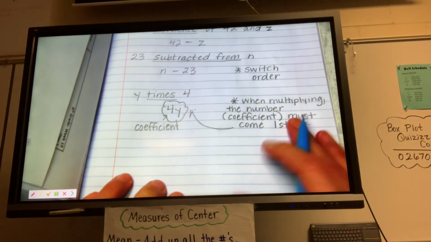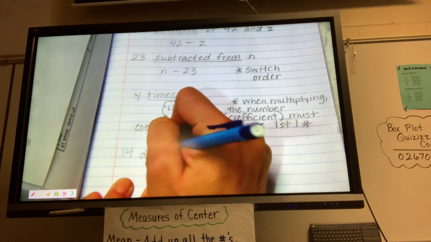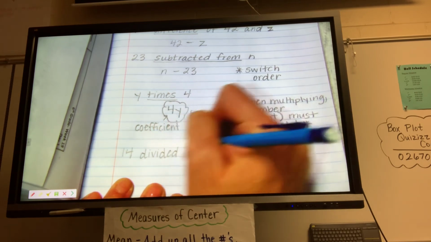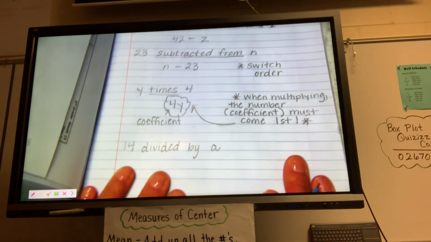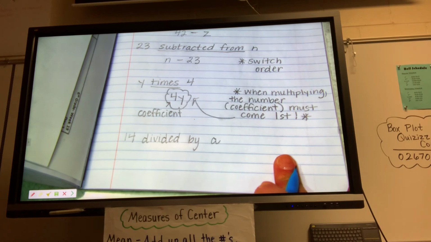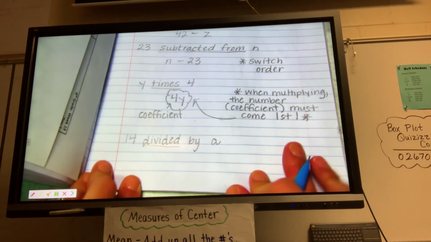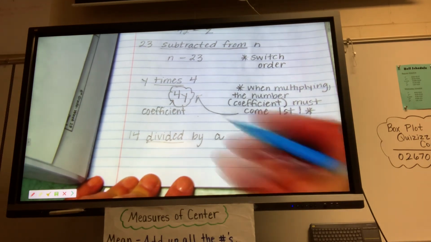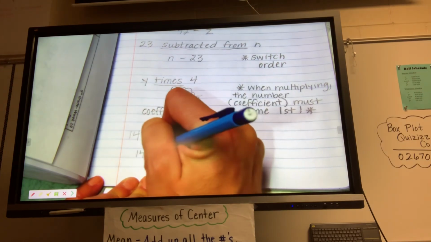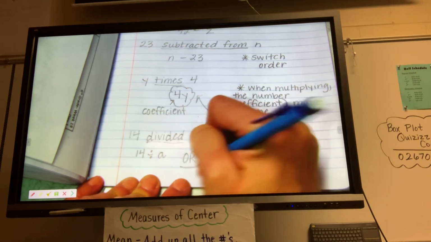All right, and the last one. So 14 divided by A as a variable. This one again is self-explanatory. If we're dividing, there are 2 ways to write this. Obviously, we can do 14 divided by symbol A. Or there's one other way.